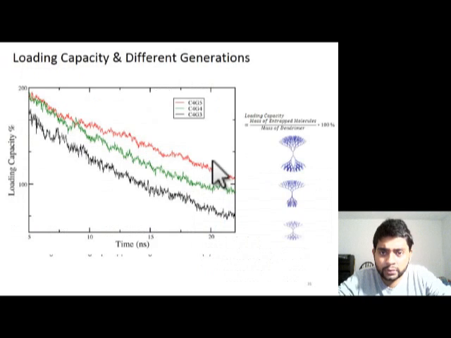We also fit this loading capacity data over different generations, and what we observe is G5 has the highest ability to capture the molecule.